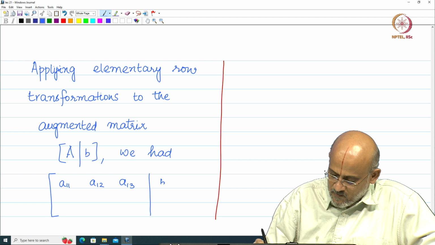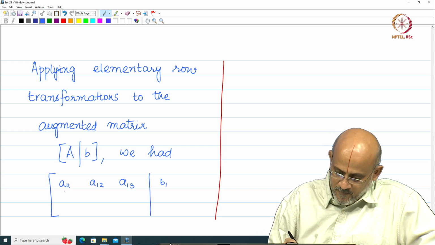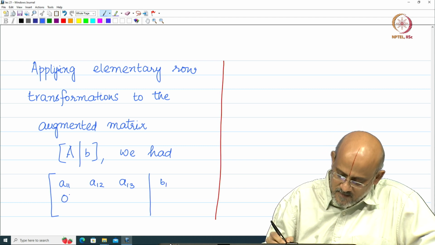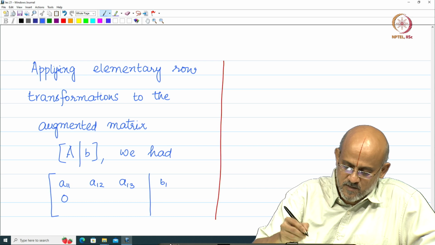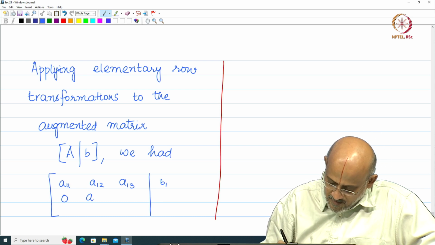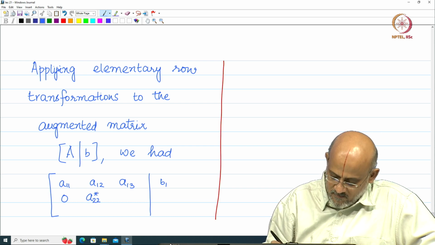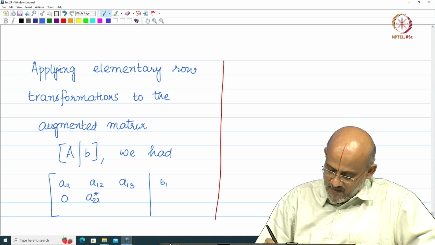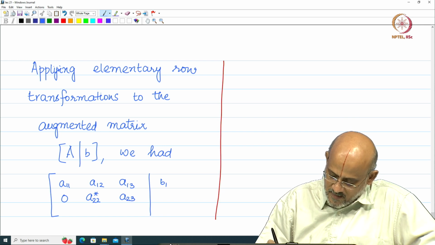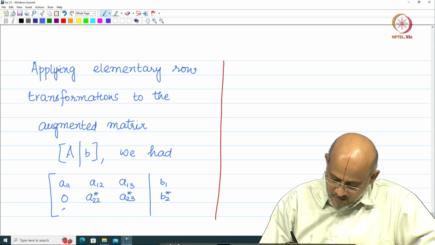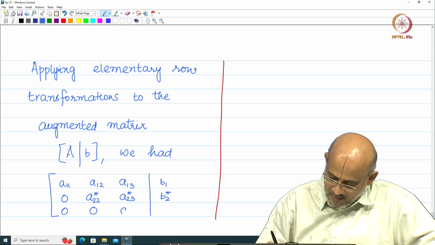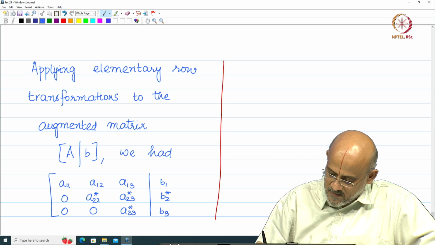Similarly, B1 was also retained as such. Then we ended up getting this: the second row first element was 0, and we got A22 star, which is basically after the transformation that we have done. Then we have A23 star, equal to let us say B2 star, and then 0, 0, A33 star, which was equal to let us say B3 star.